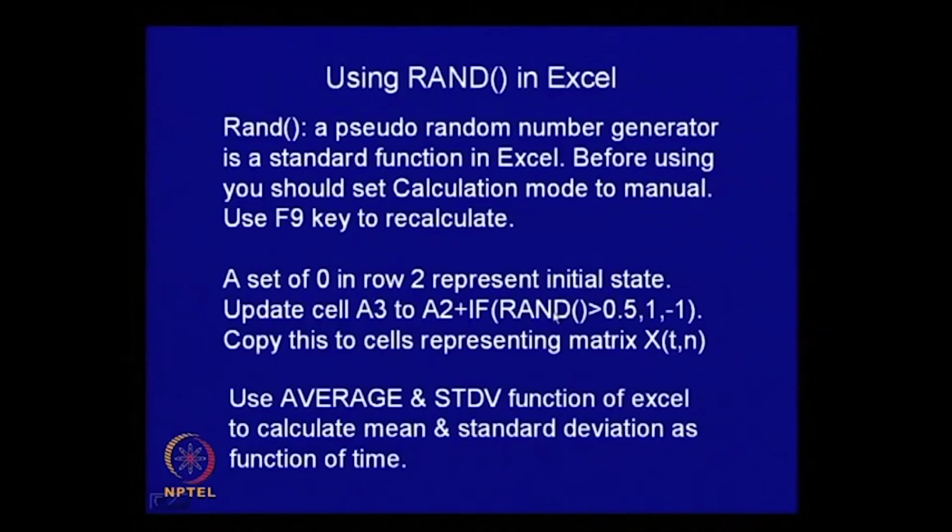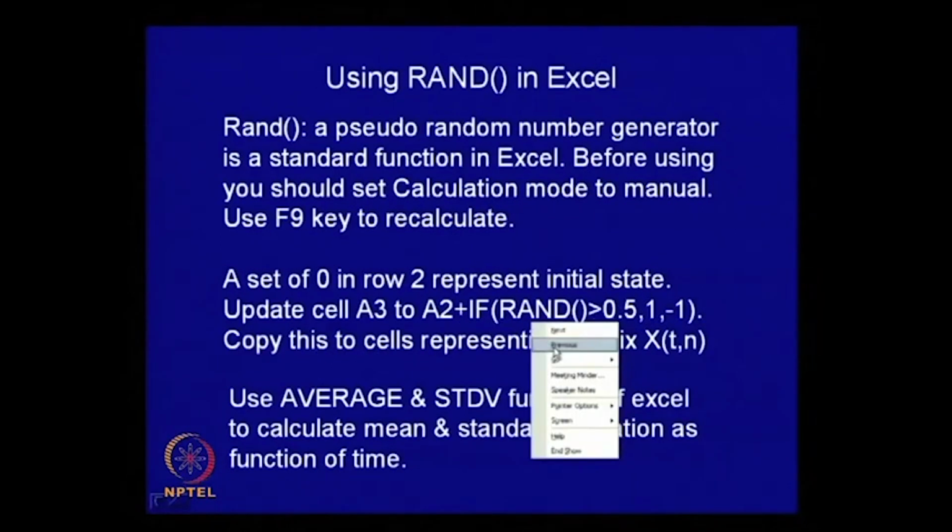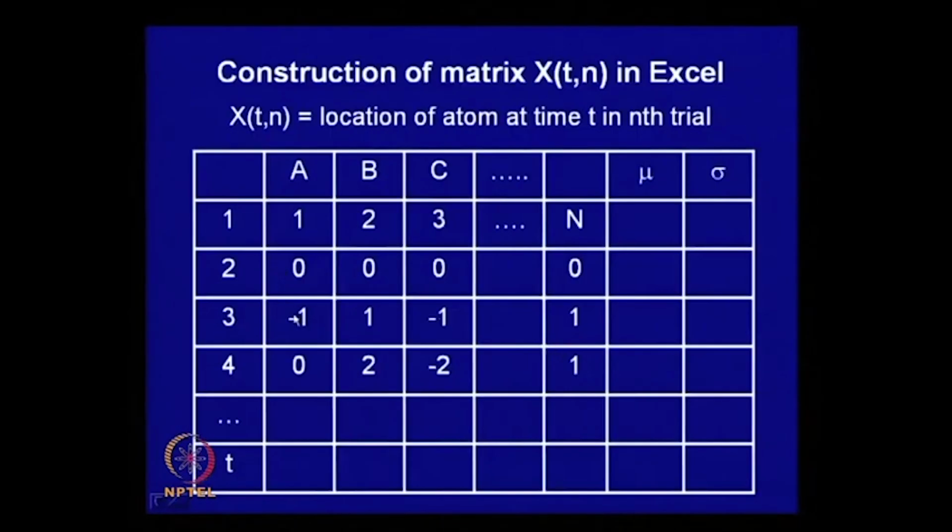In that case, it goes in the +1 direction, that means you add 1 to this. If it is less than 0.5, you subtract 1 from A2. You can copy this formula in each of the cells down below, so the formula entered in all these cells is exactly the same.